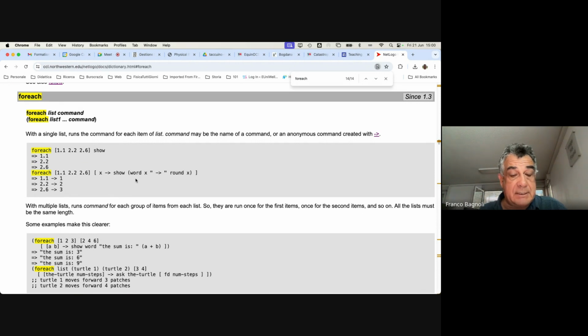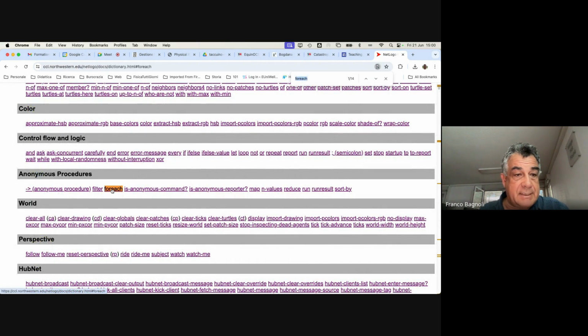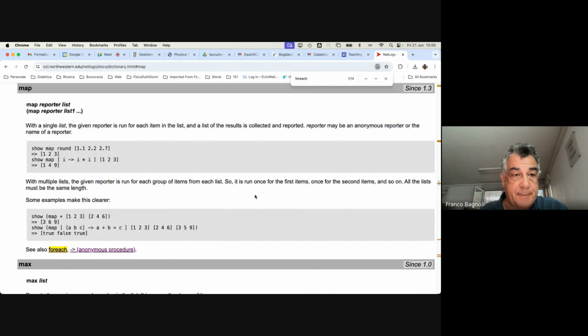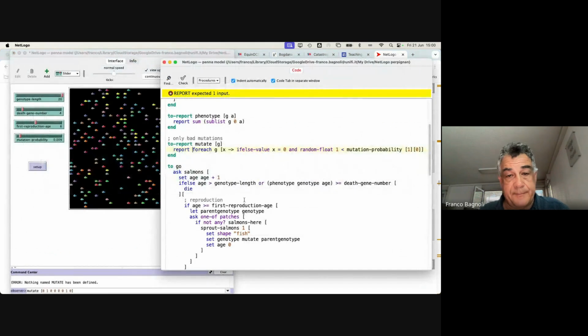So it should be map. So it is map, but for sure map has the opposite syntax.